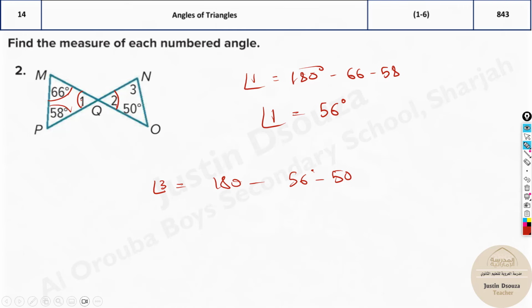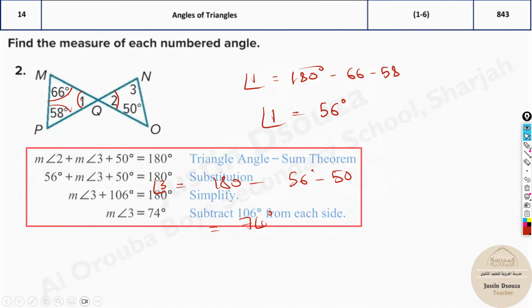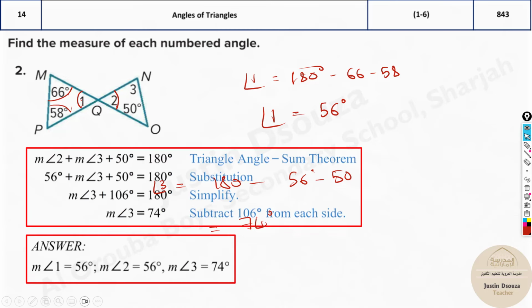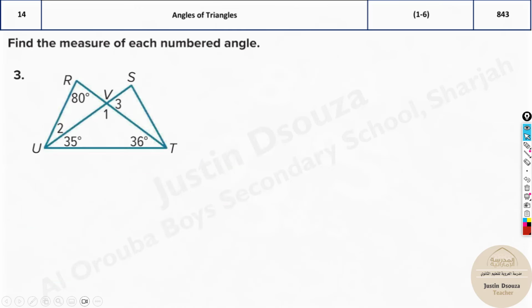So 180 minus these two will give you the measure of angle 3. So it'll be 74 degrees over here. That is how we can solve the problems. It is 56, 56 and 74. 1 and 2 will be the same, and the third will be 180 minus 56 minus 50. Please do it in the calculator for accurate answers.